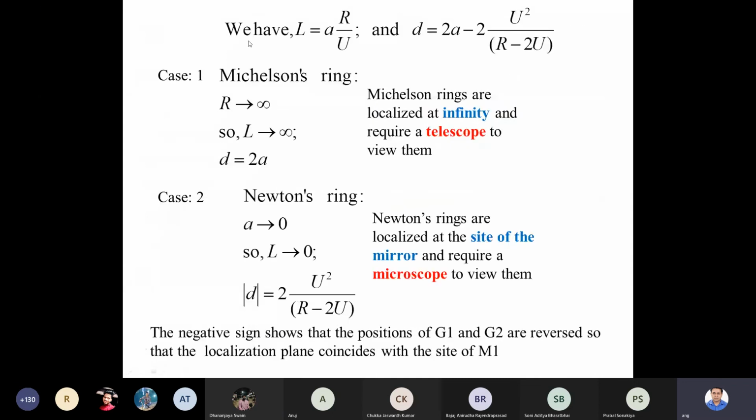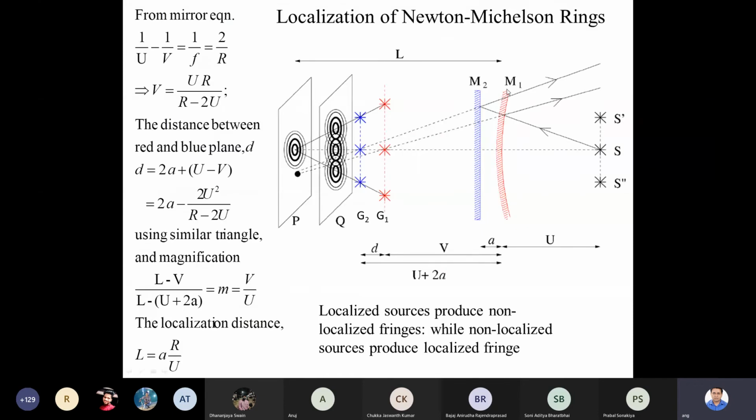So you have two equations. L is the localization of the fringe, which we write as a times r upon u, and D is the distance between these two coherent sources, so this is 2a minus 2u square upon r minus 2u. Now, in case of the Michelson ring, this is also a plane mirror, not a curved mirror.